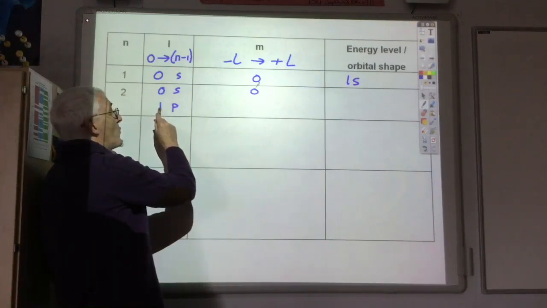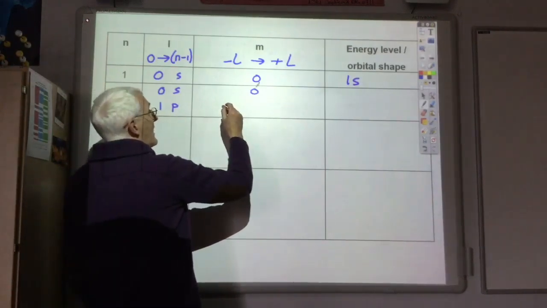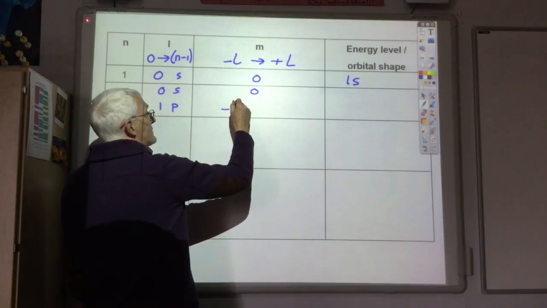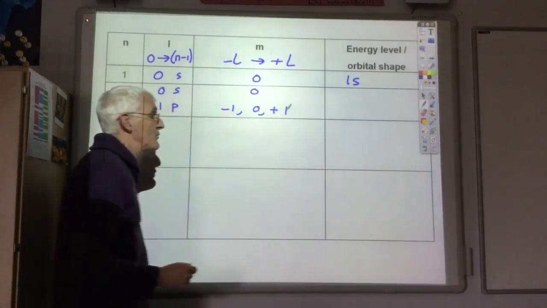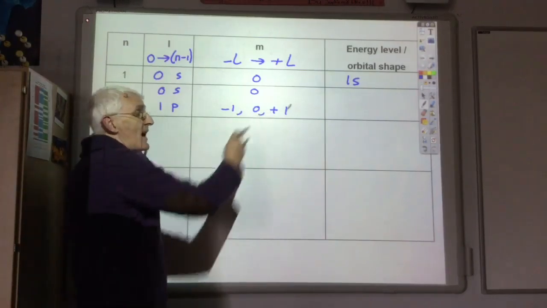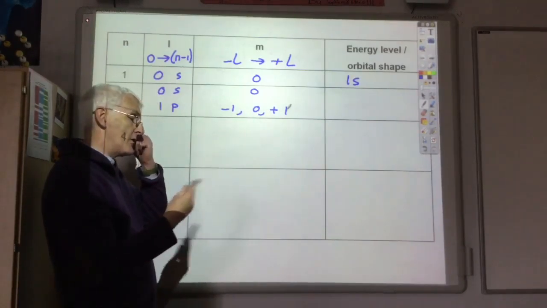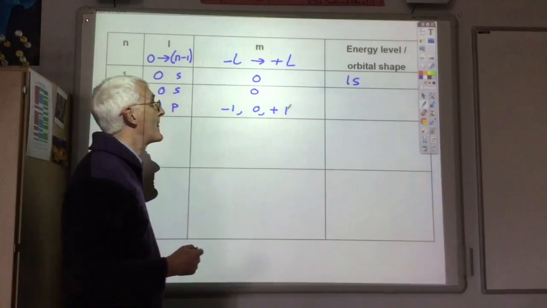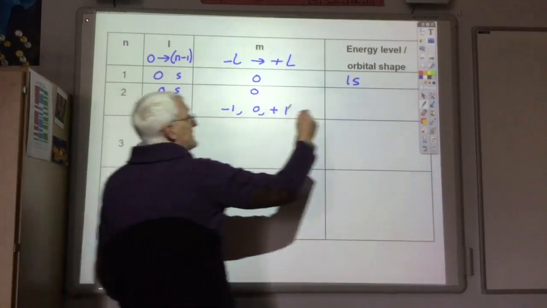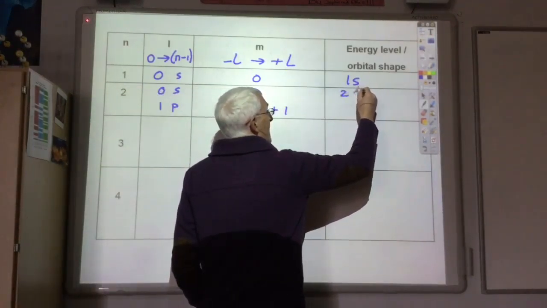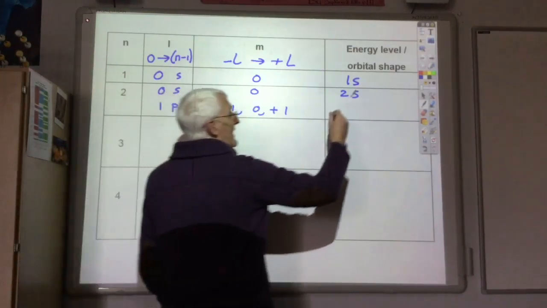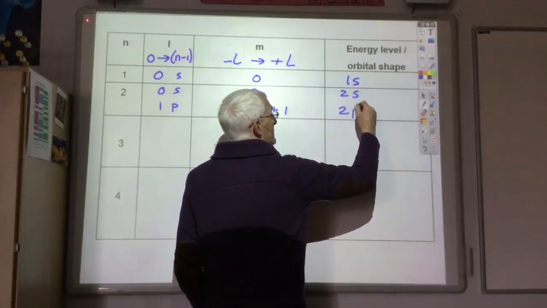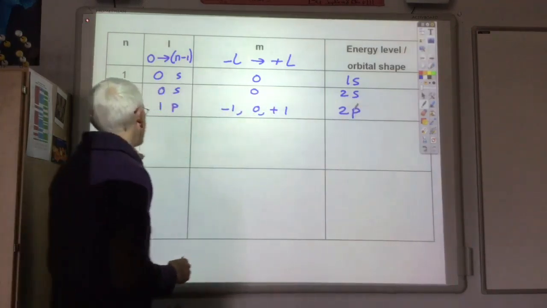For the p orbital, m can be minus 1, 0 or plus 1, which corresponds to a px, py and pz orbital, although not necessarily in that order. So if it's 2, 0, 0, it's a 2s orbital. If it's 2, 1 and any of these numbers, then it's a 2p orbital. The electron's in a 2p orbital.